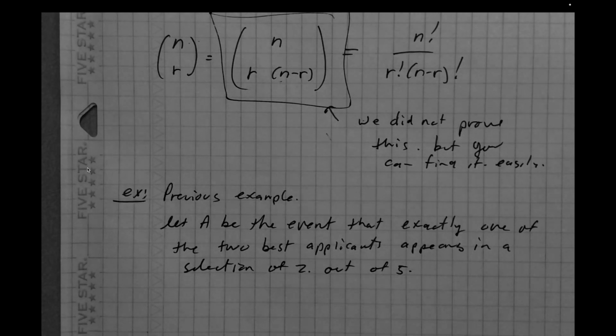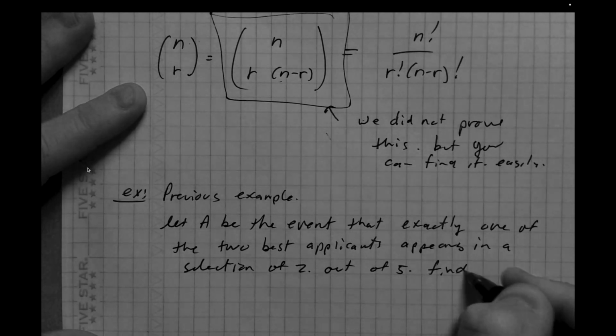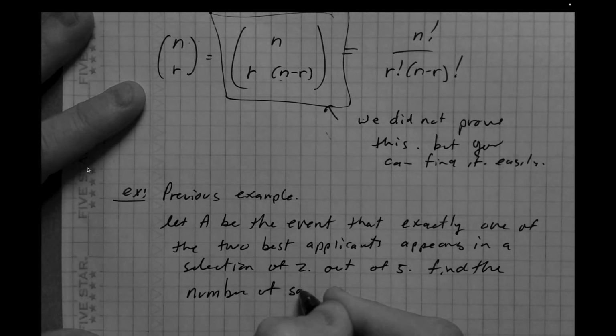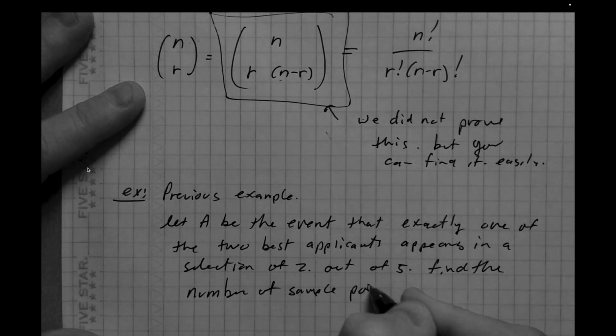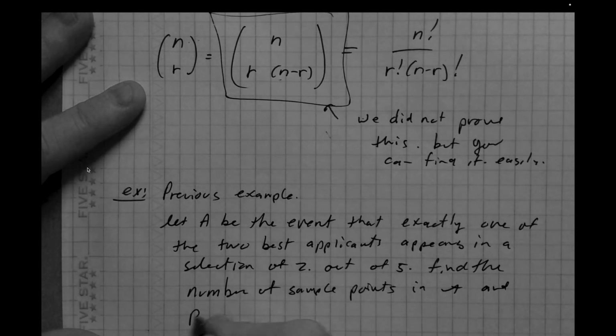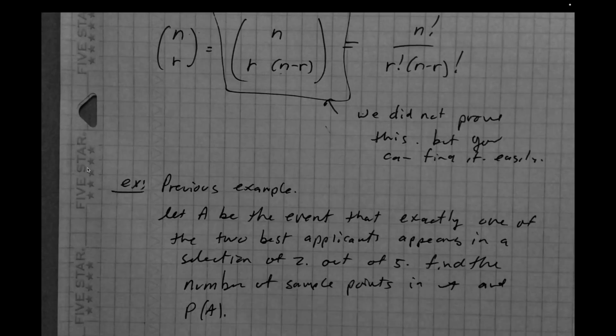Okay, so we want to find the number of sample points in A, and the probability of A.